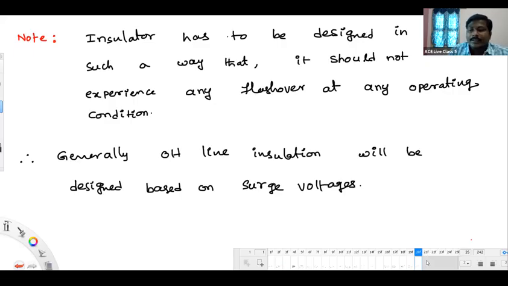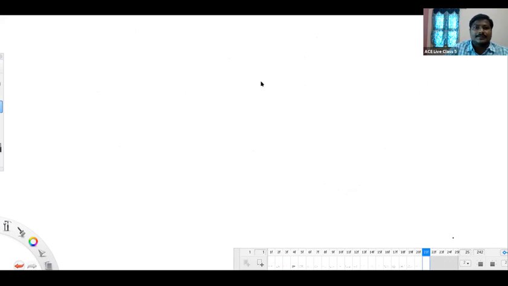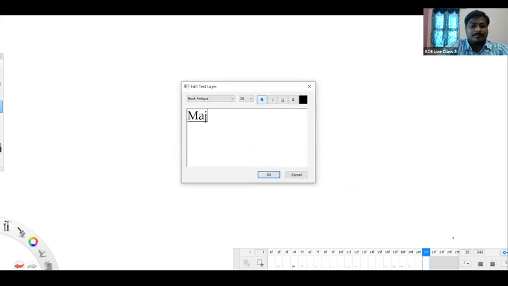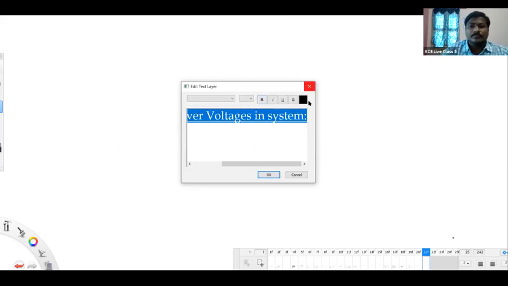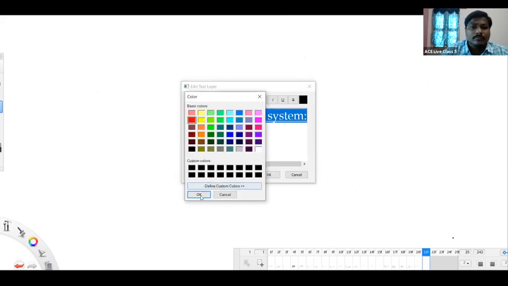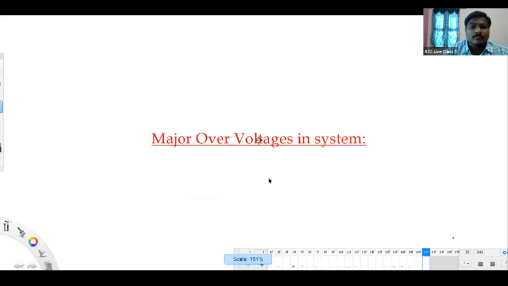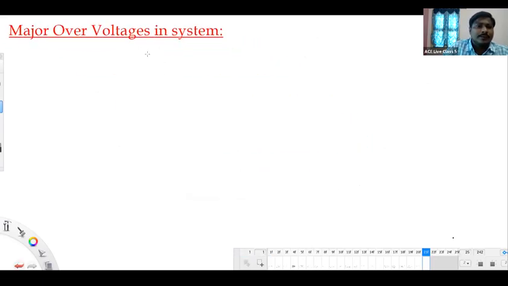As a heading: the different types of overvoltages. Only the major overvoltages in the system we are going to discuss. We have different types of overvoltage, but I am considering only the major ones here.